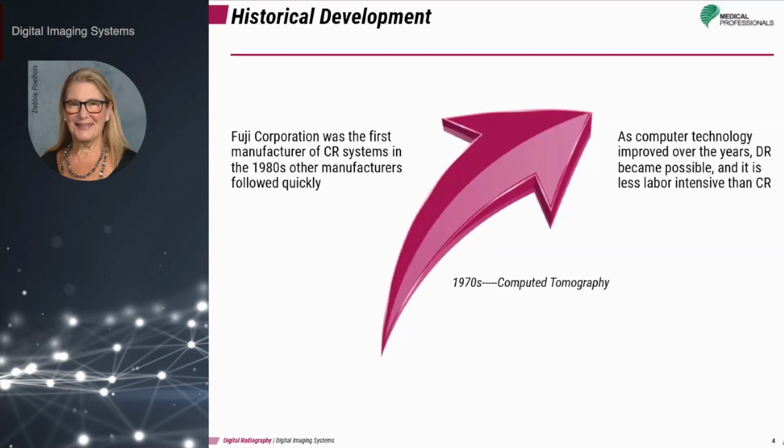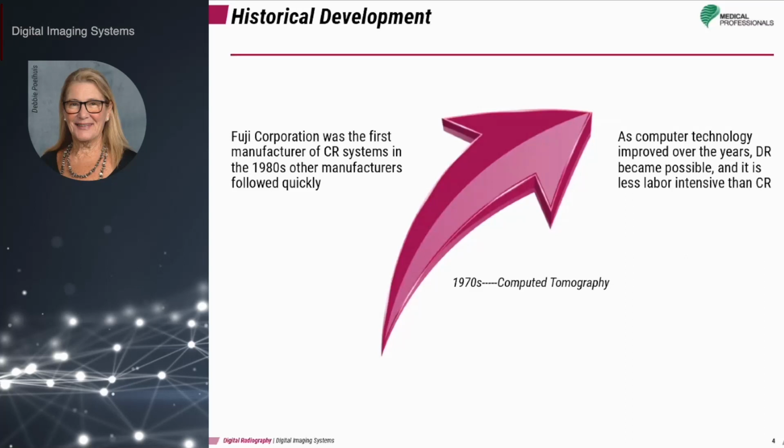In the past 20 years, though, diagnostic radiography has joined the move to digital imaging. The Fuji Corporation introduced the first version of digital imaging when their computed radiography, or CR system, entered the market in 1983.